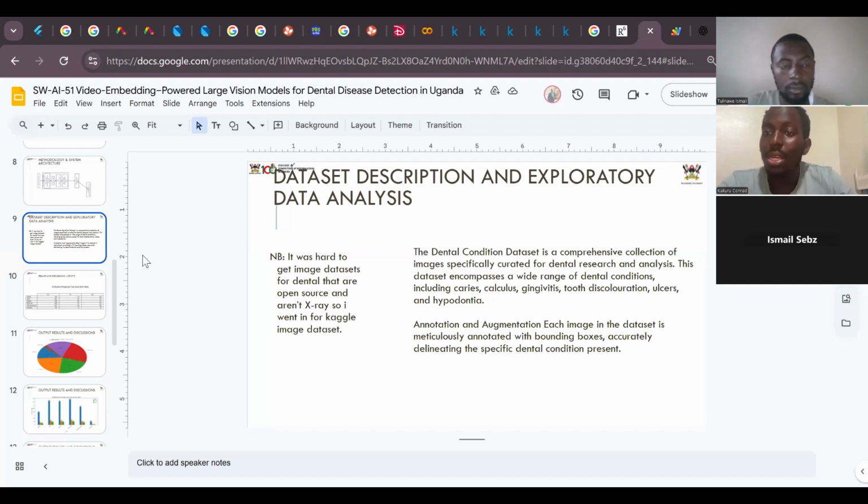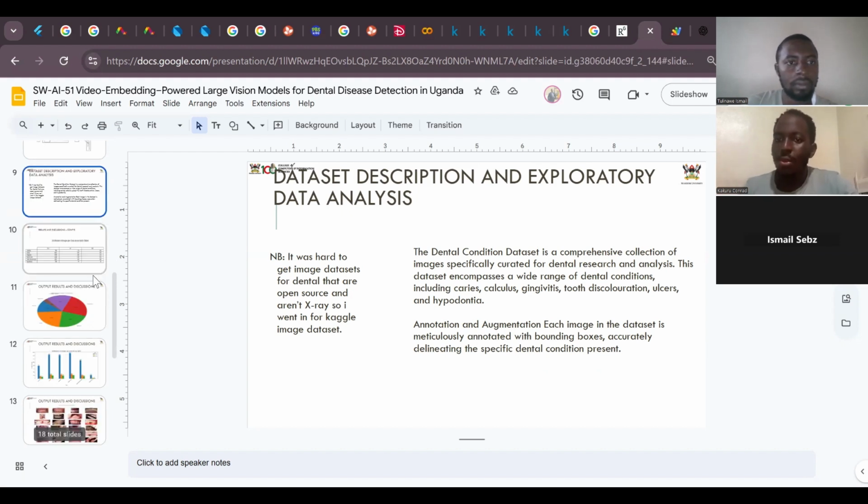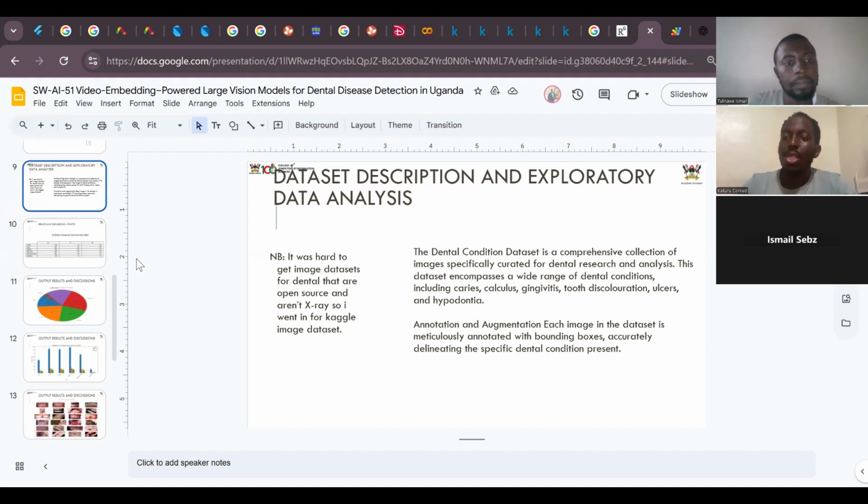Those are the image diseases that we have, so the images are put in folders where those diseases belong, and they are fully annotated with augmentation. So here we're going to use supervised learning fully because everything has been labeled.